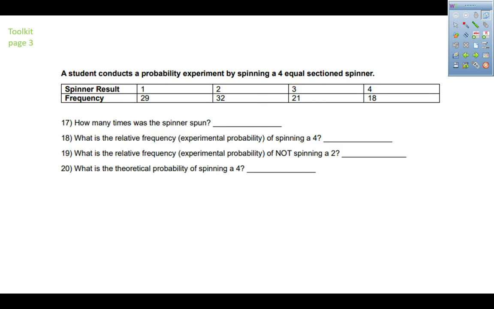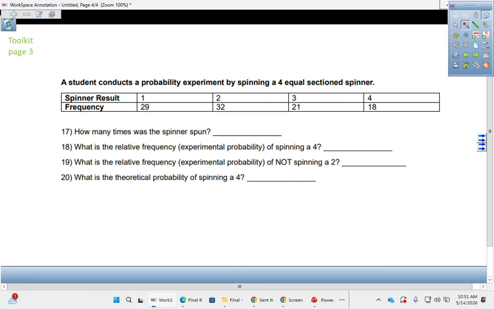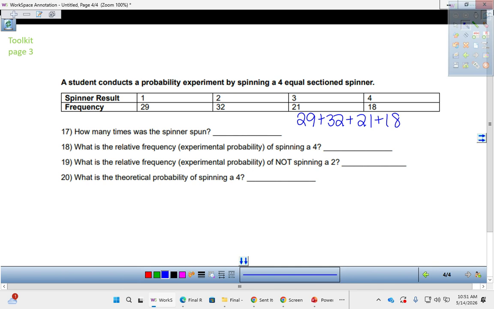All right, last one. It says a student conducts a probability experiment by spinning a 4 equal section spinner. How many times was the spinner spun? To get the total, we're going to add 29 plus 32 plus 21 plus 18. What is it? Thank you.